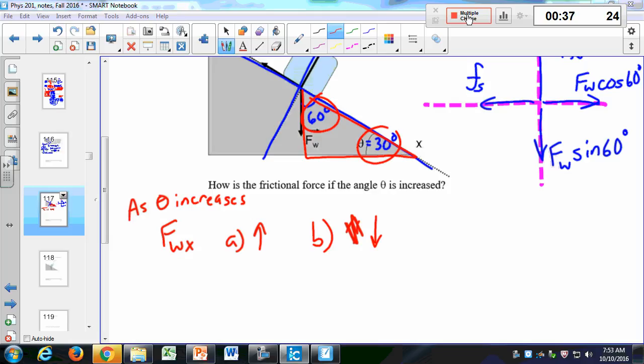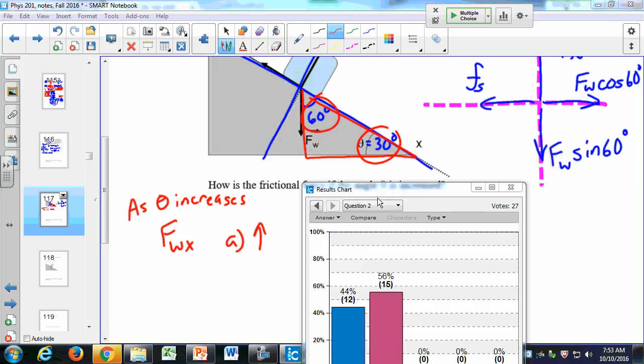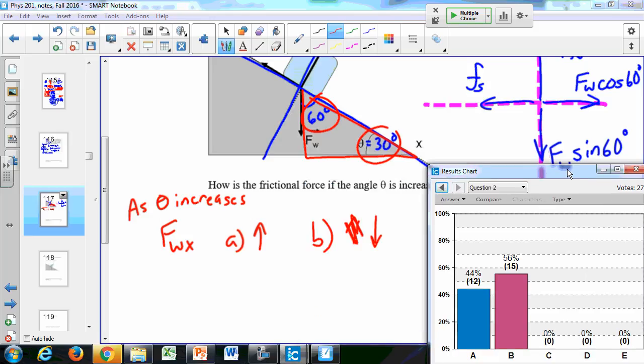I'm going to stop at 45. Okay, so we're sort of split as to what happens.